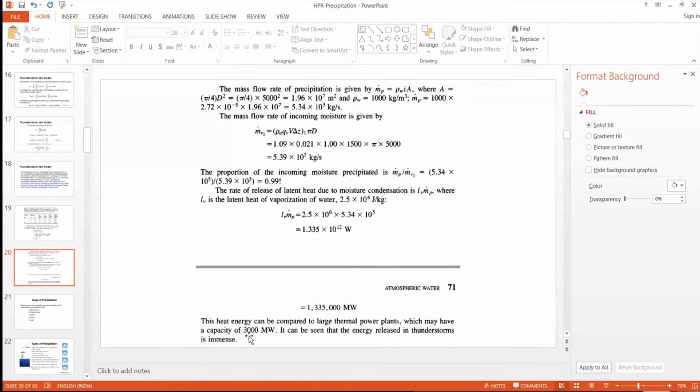So a 3000 megawatt thermal power plant gives energy of 3 into 10 power 9 watts. You see that one thunderstorm is equivalent to more than 1000 thermal power plants. This demonstrates that the energy released in thunderstorms is very high.